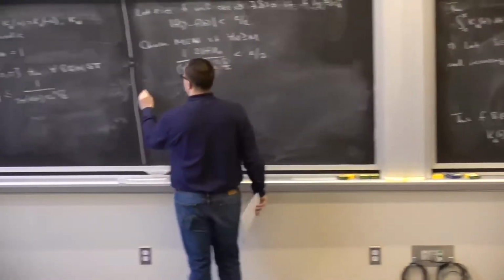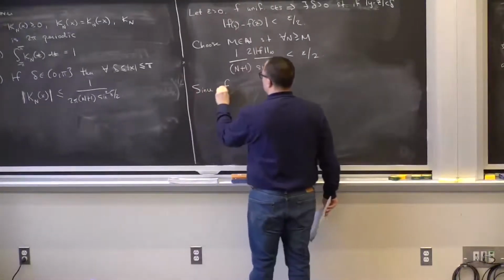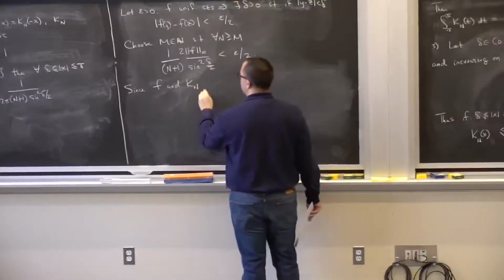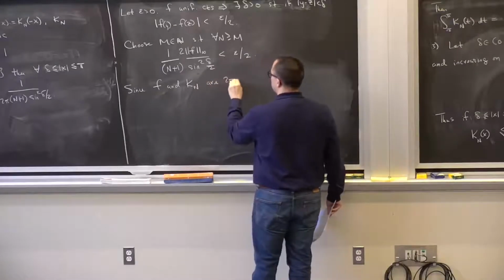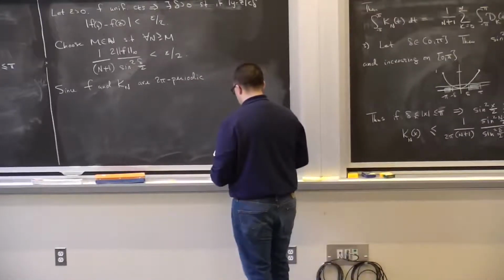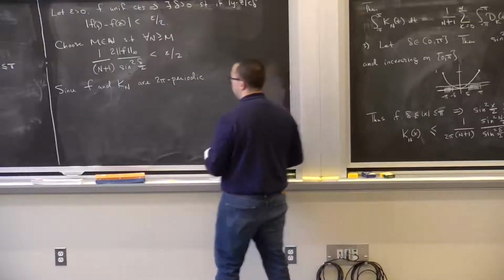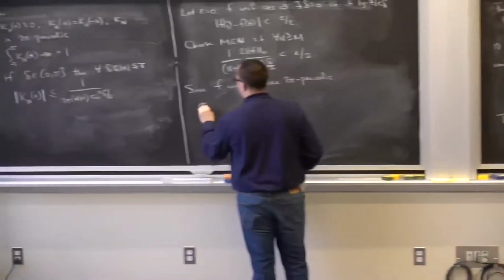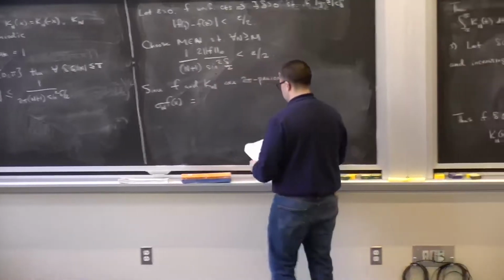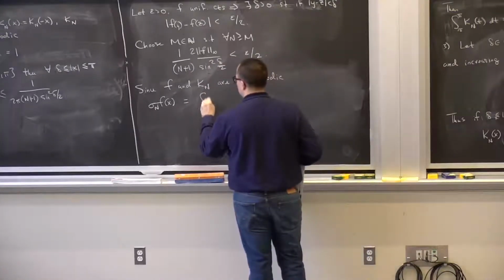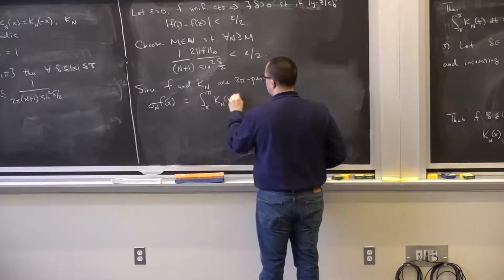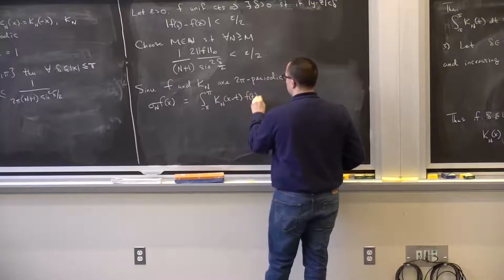Okay, now since f and k sub n, the Fejer kernel, are 2 pi periodic, I can write the Cesaro mean, which is given by the integral from minus pi to pi of kn of x minus t, f of t dt.